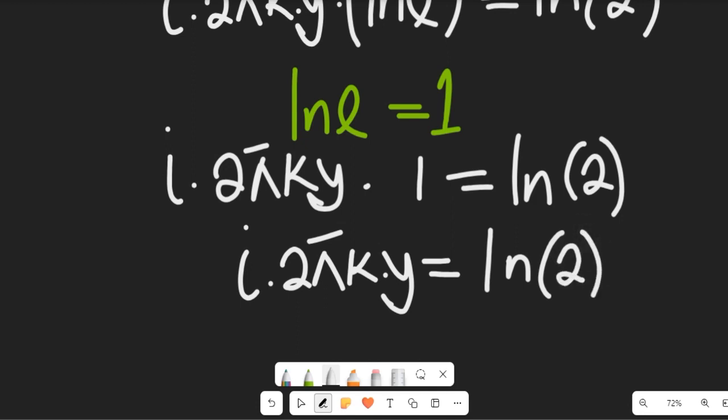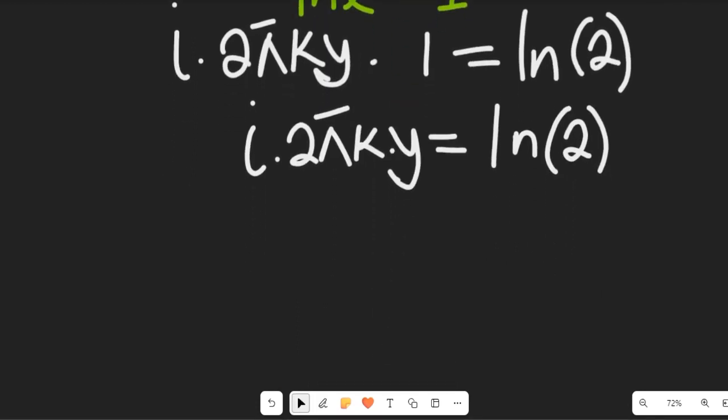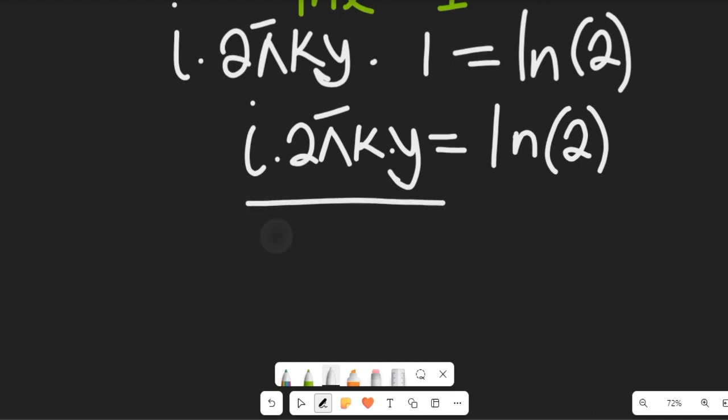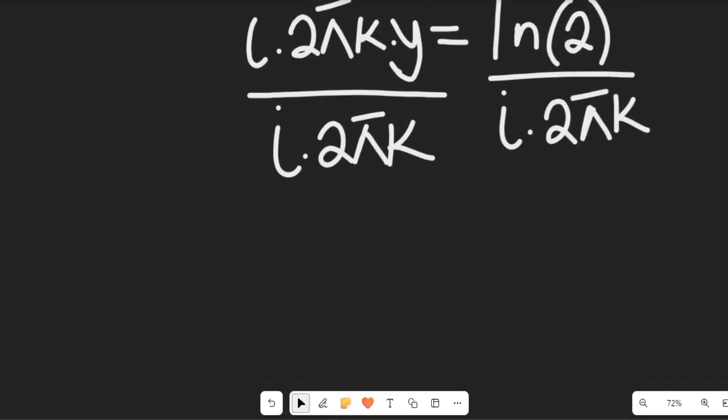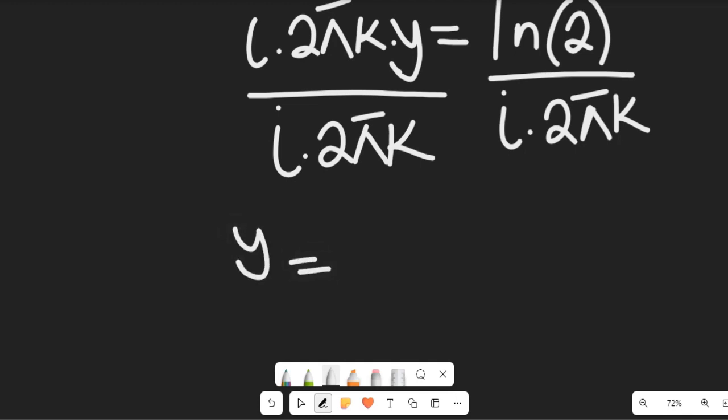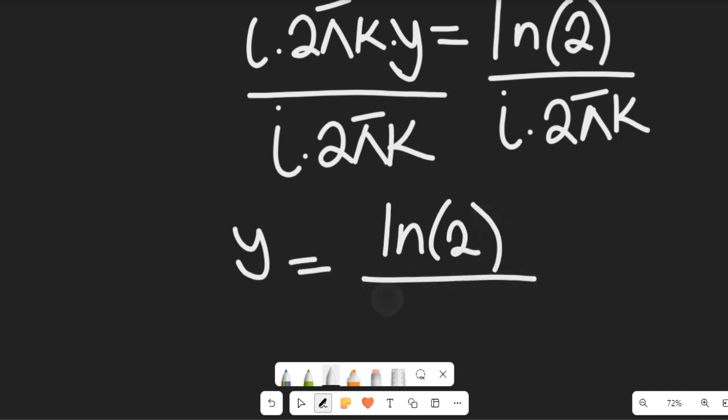Now we can simply find the value of y if we divide both sides by the imaginary multiplied by 2 pi k, and so the value of our y will be equal to the natural log of 2 divided by i multiplied by 2 pi k.